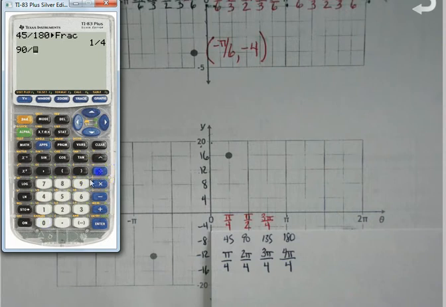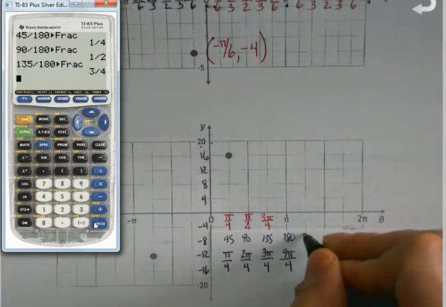And I would just go through with each of my degree measures, 1 over 2, so it's pi over 2. And just do that for each one. 3 pi over 4, okay? And keep running it that way. And again, I want to do it all the way to 2 pi though.